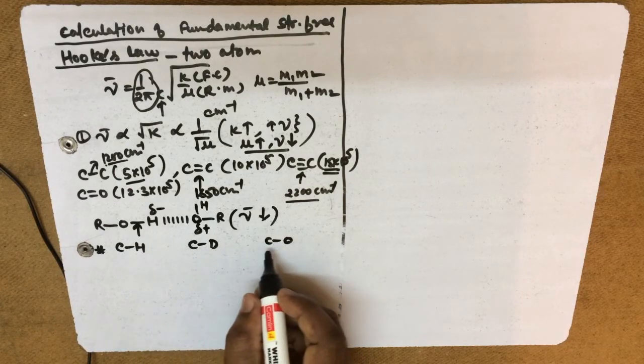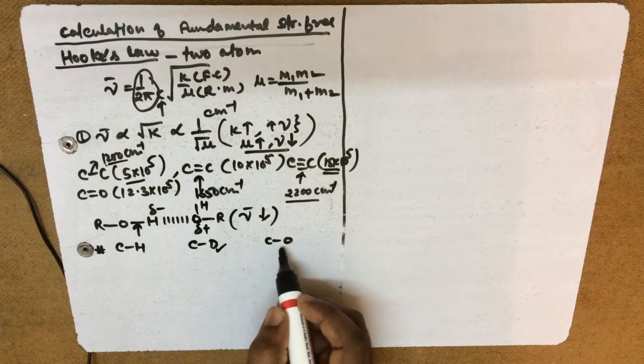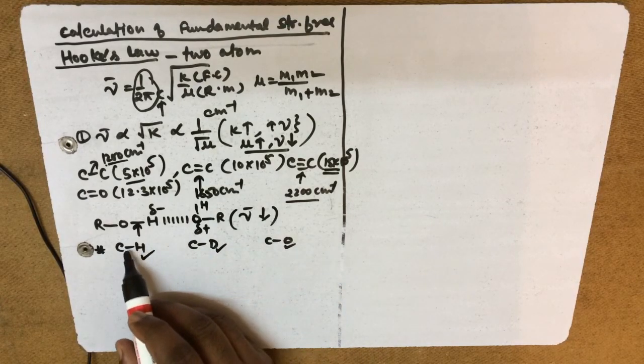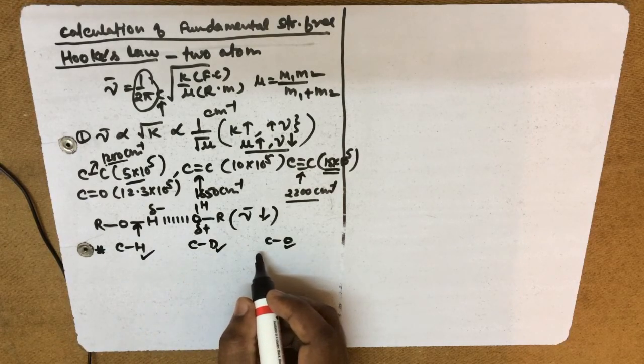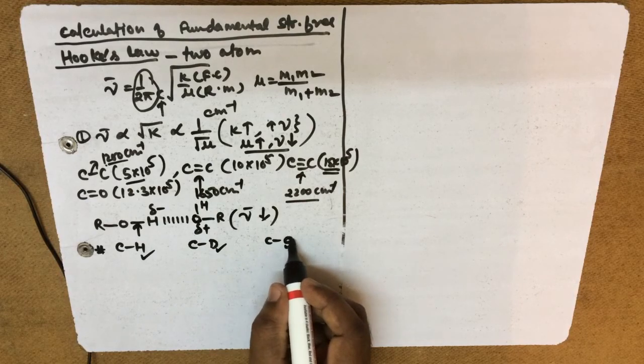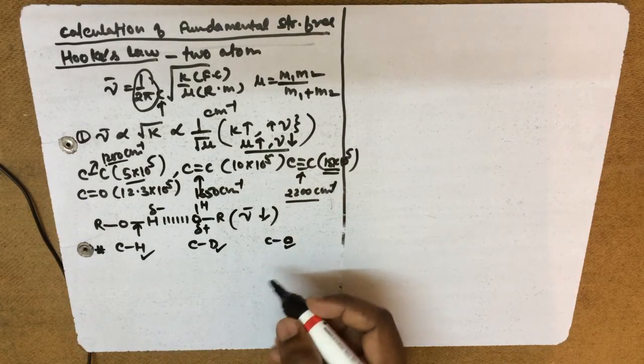In all three cases only the atom changes. The bond is the same, so you have to decide from the reduced mass.